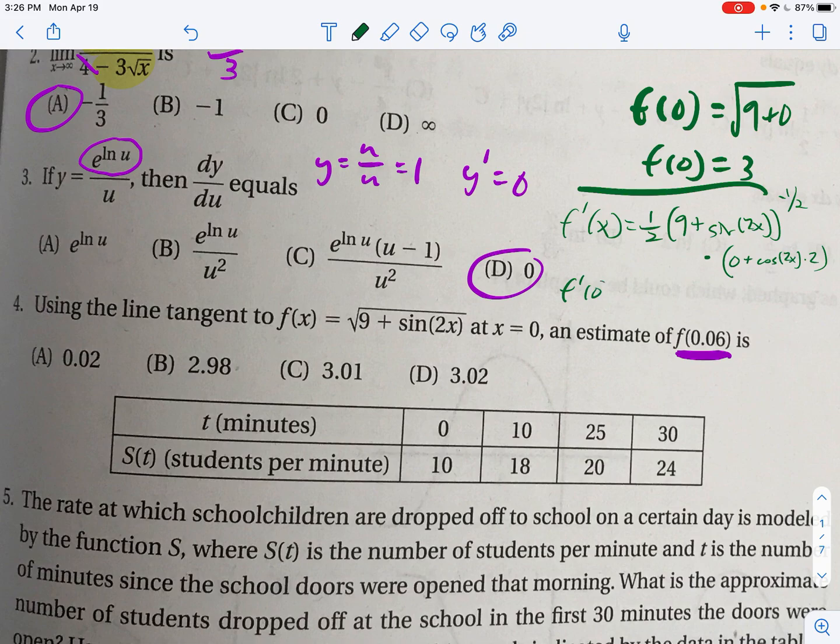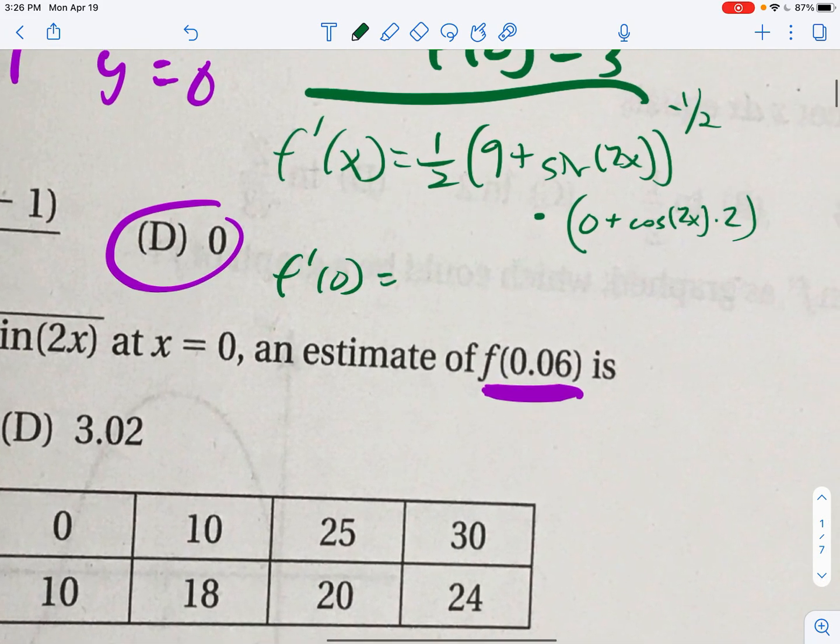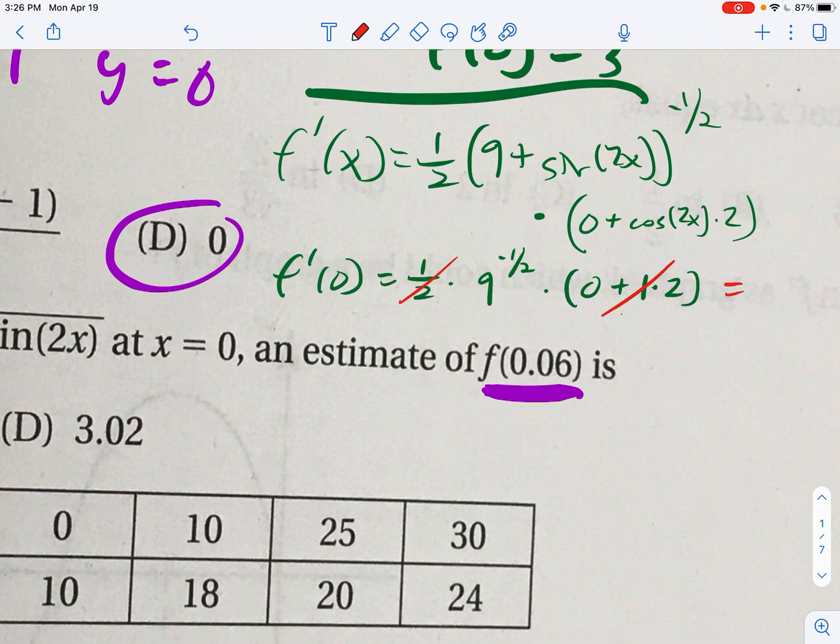So f prime of 0 would be 1/2 times 9 to the negative 1/2, because sine of 0 is 0, times 0 plus cosine of 0, which is 1 times 2. So I'm noticing this is 2, this is 1/2, they cancel out. And I'm left with 9 to the negative 1/2, which is 1 over root 9, which is 1/3. So that's the slope. So the idea is the slope is 1/3.